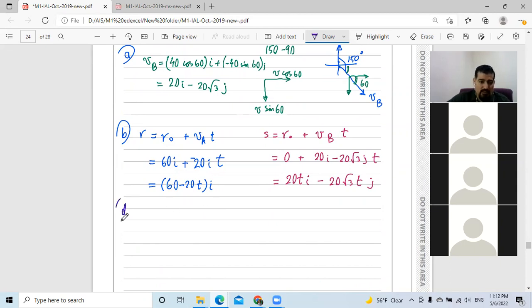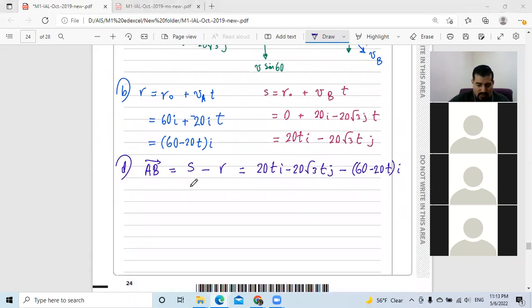So that means that we have a quadratic equation. So in part D, what we are going to do is find AB, or A minus B, that means S minus R. I'll put all of this, 20ti minus 20 square root of 3 tj, minus this whole thing, which is 60 minus 20t between brackets, i.